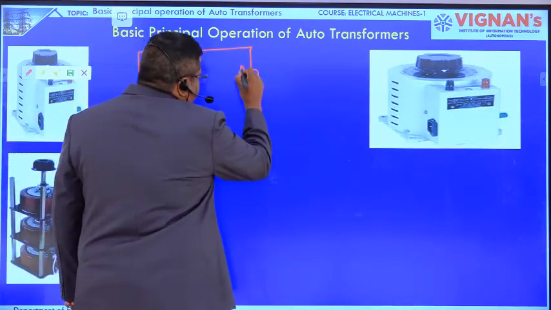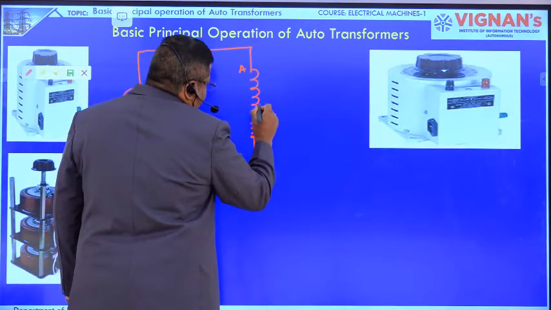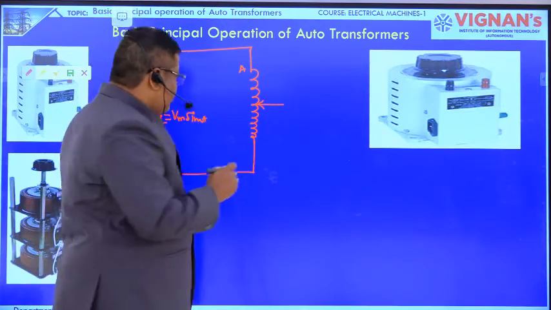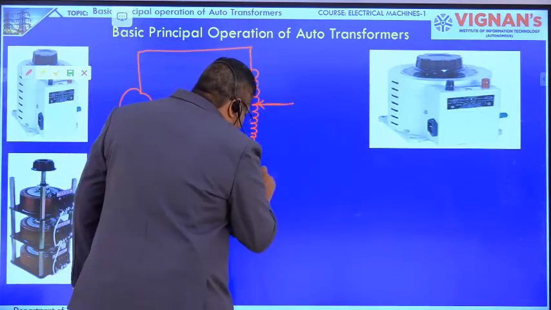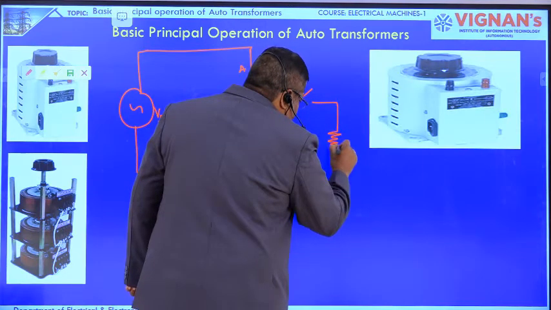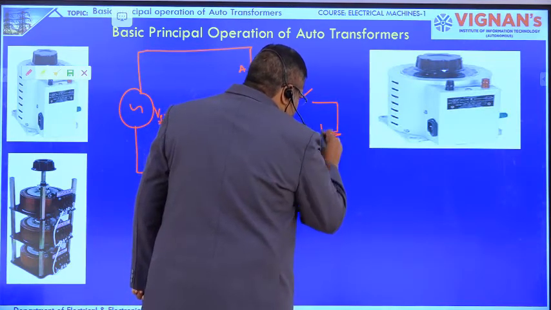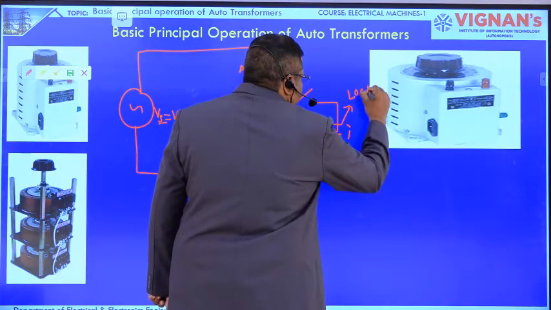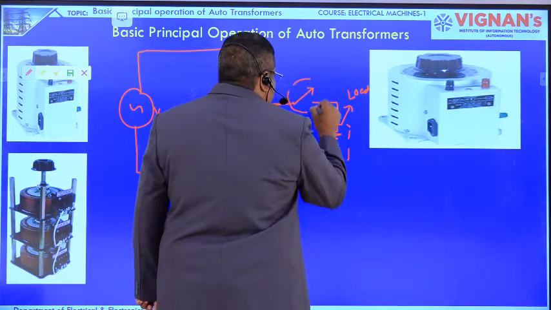This terminal you take as A. You take one variable point. Between this variable point and here, you keep a switch and connect a load. This is the load, and this is the switch.